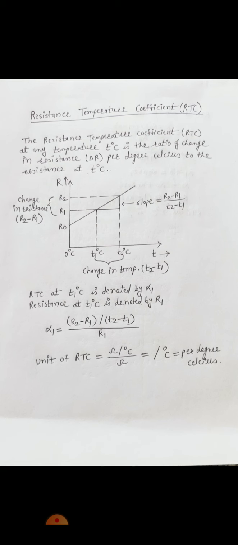So it is also defined as slope of graph divided by resistance. Now the unit of RTC: as it is the ratio of change in resistance per degree Celsius, the unit is ohm per degree Celsius, divided by resistance, again in ohm. So the unit of RTC is per degree Celsius.